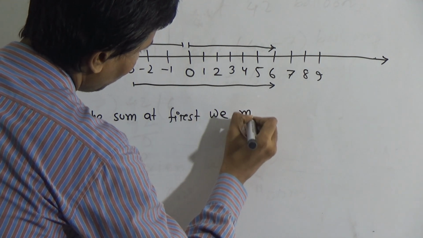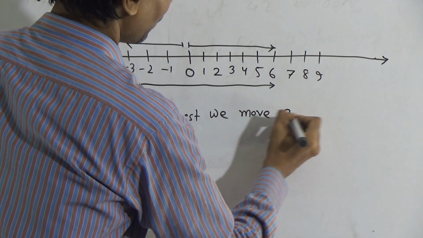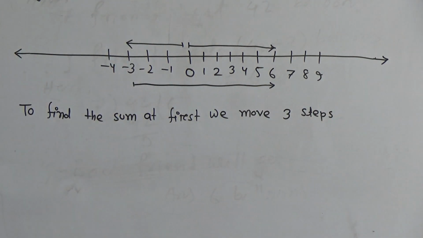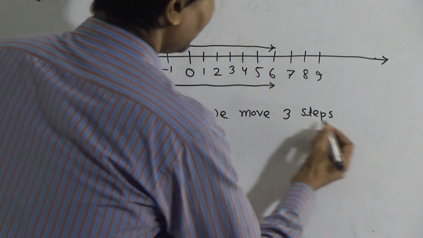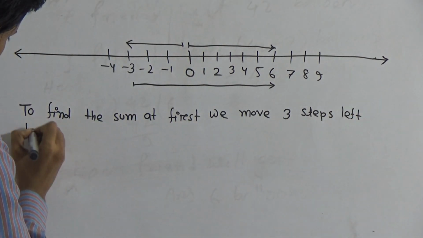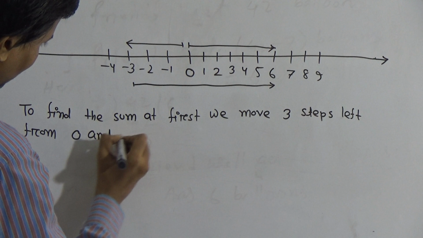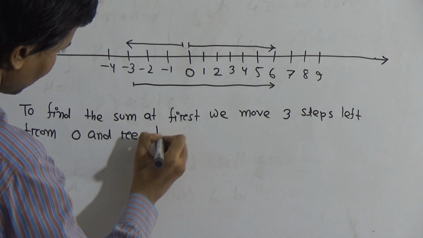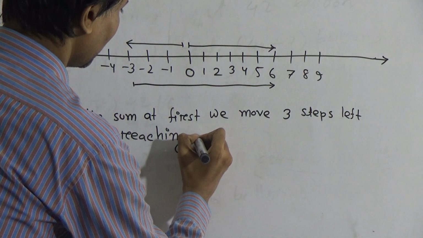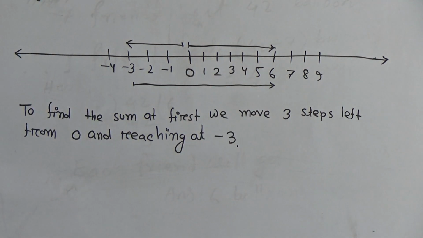To find the sum, at first we move 3 steps left from 0 and reach -3.